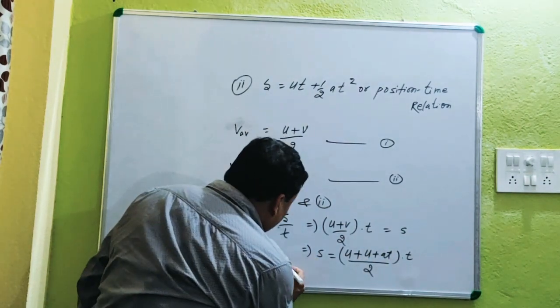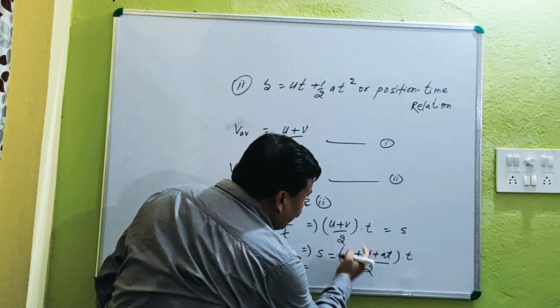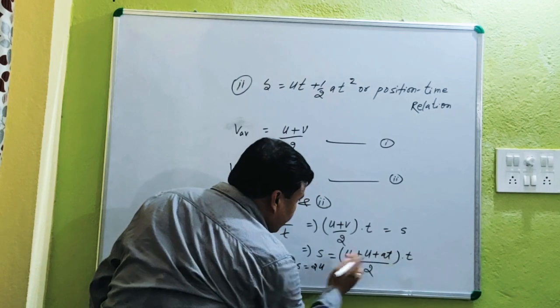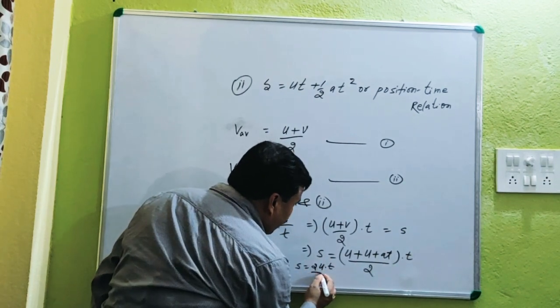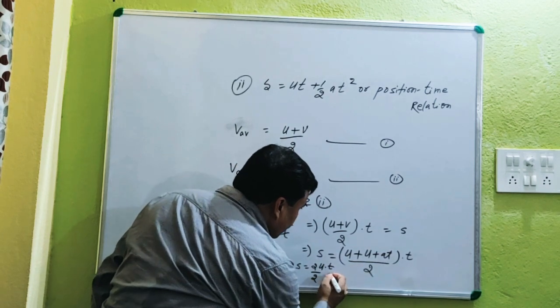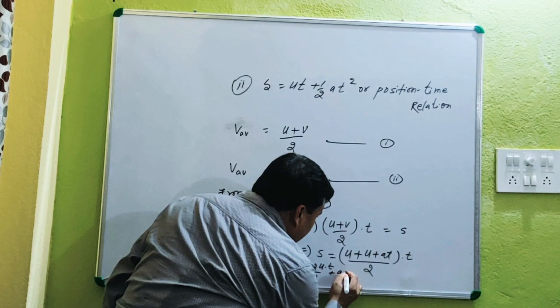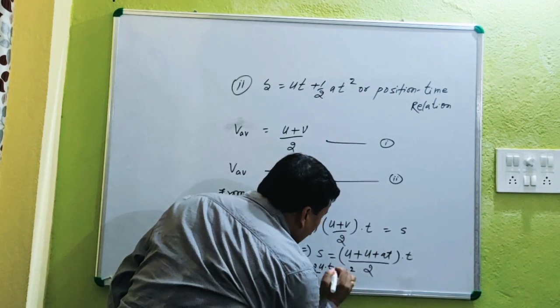Okay, so s equal to (u plus u) means 2u, multiplied by t, that is 2ut by 2 plus at square by 2.